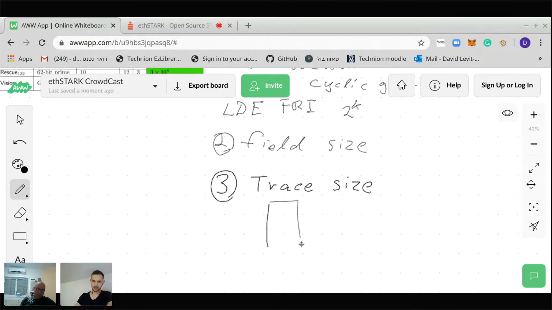So we have this two-dimensional table which contains all the intermediate states throughout the computation. So the size of this trace actually affects the prover time.